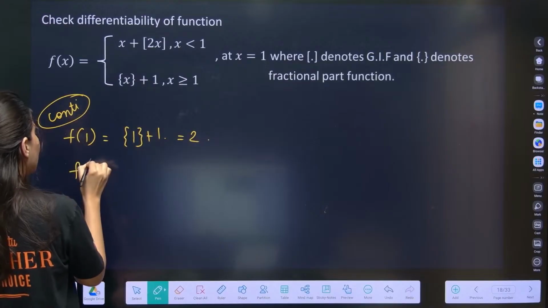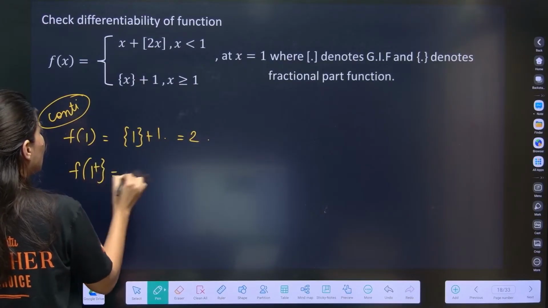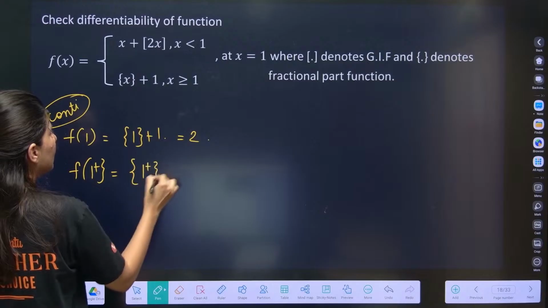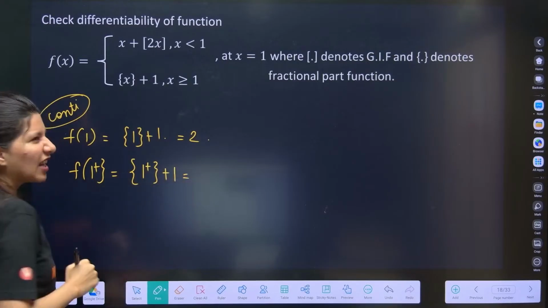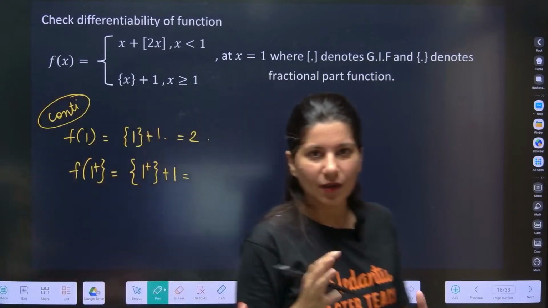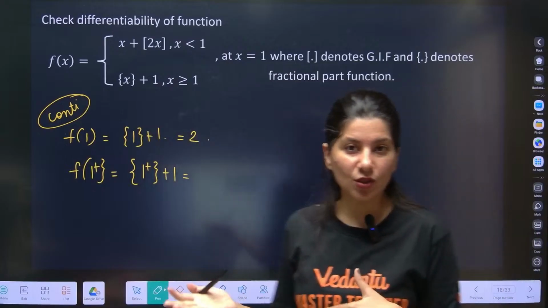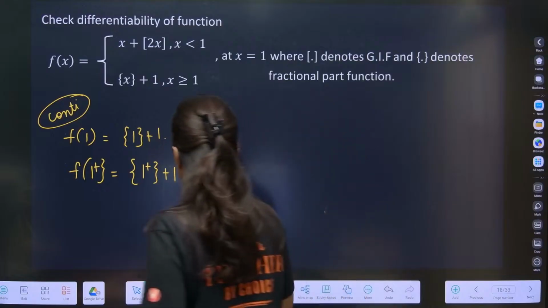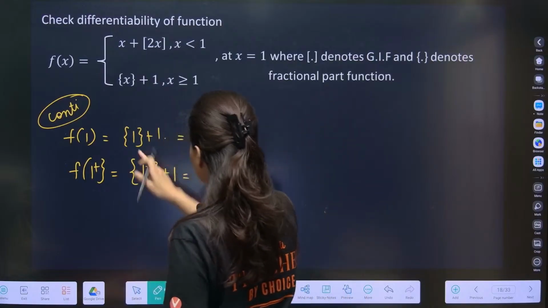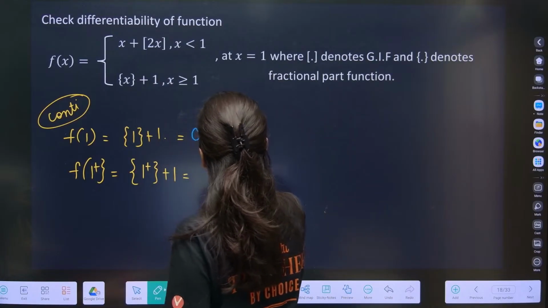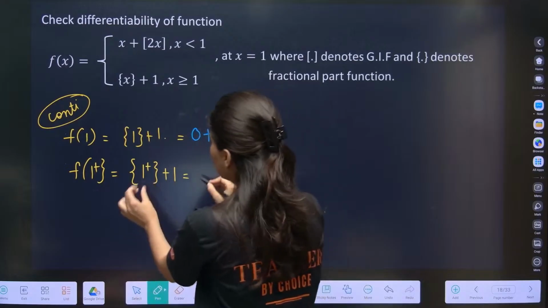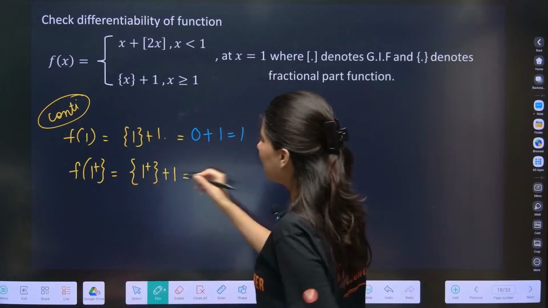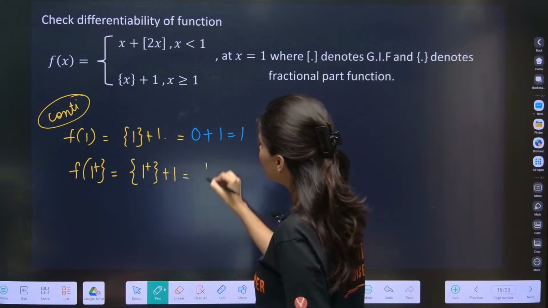F of 1 plus will be what? Fractional part of 1 plus is 0, plus 1, so that is 1, right? This is also 0. Fractional part is hardly like anything. So 0 plus 1, this is also 1.